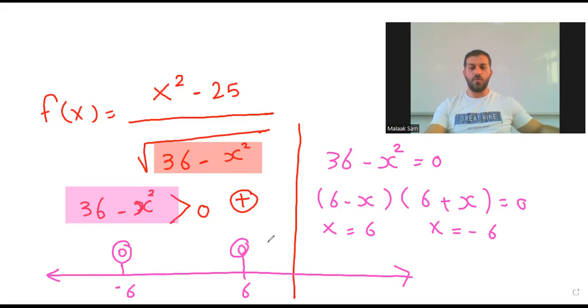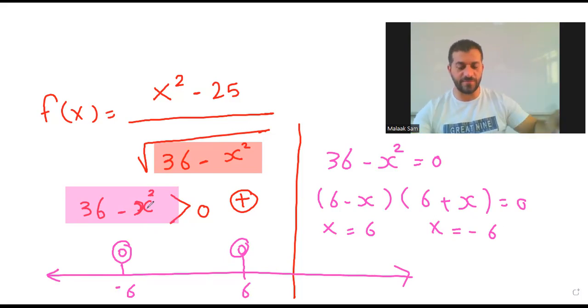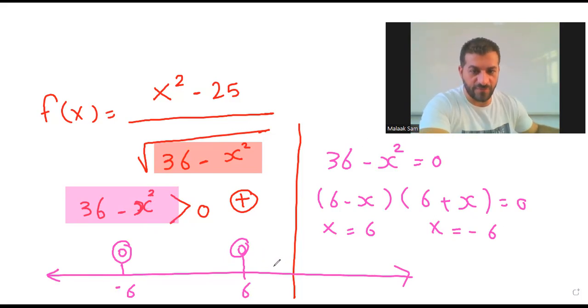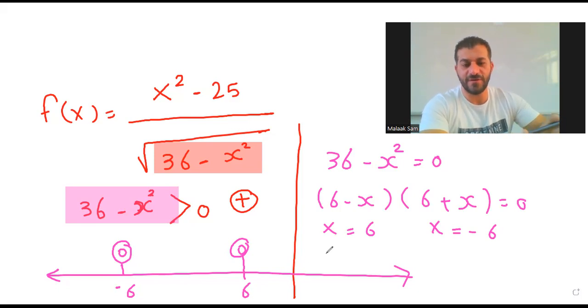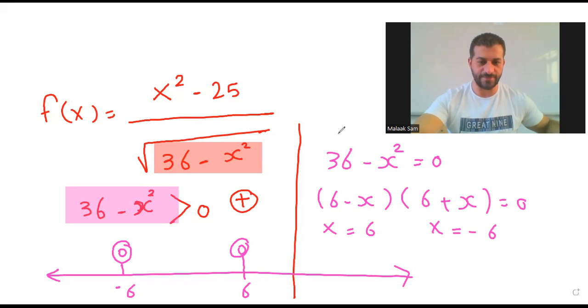Okay? What about the sign of the function, the sign of 36 minus x squared? Simple. I told you many times, to find the value of the function in this area, just take a value greater than 6, like 100. I always say 100 just to remember it. So taking 100 leads to 36 minus 100 squared.